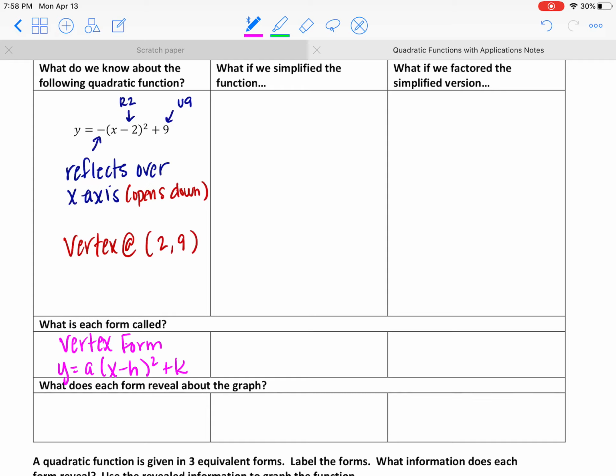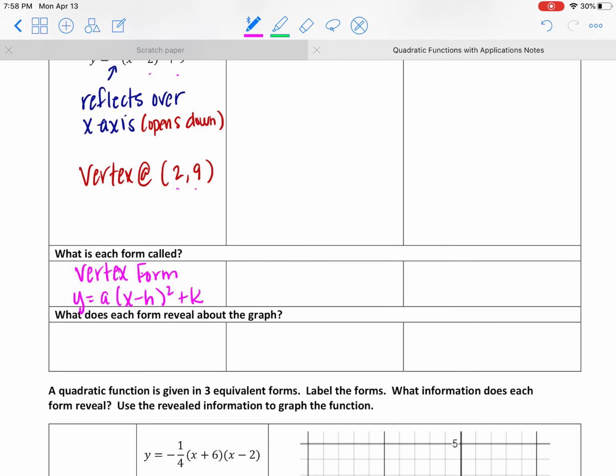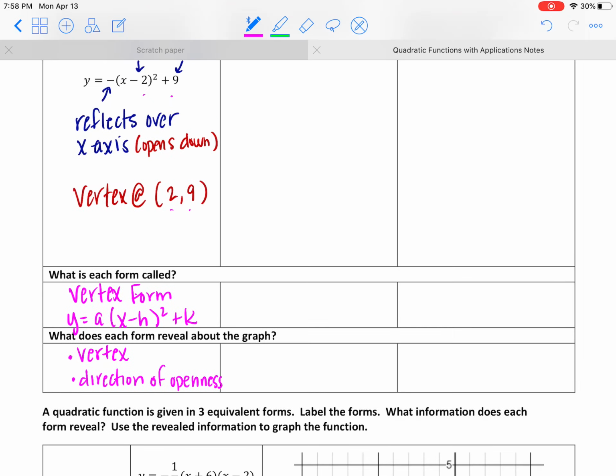Why do we call this vertex form? Well, as you saw here, we can identify transformations and know exactly where our vertex is going to go. So the vertex form shows us which way the parabola opens, and it's going to show us where the vertex goes because of the transformations. We call this vertex form because it reveals the vertex and the direction of openness, whether we open up or open down. And that's a real word, openness.